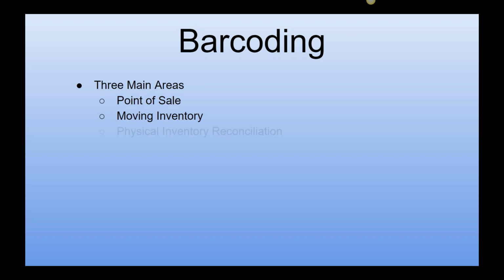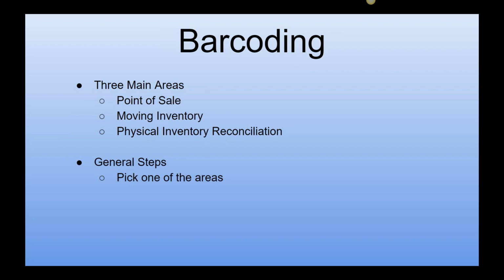And the third type will be physical inventory reconciliation, which, at least from what I've seen, most people are interested in and ask about quite a bit, especially if they have bigger warehouses that they're trying to take care of. But I'm going to go through all of these, and I think they all are very useful and have their own main uses.